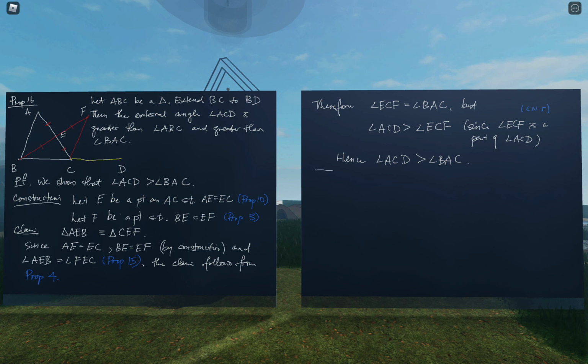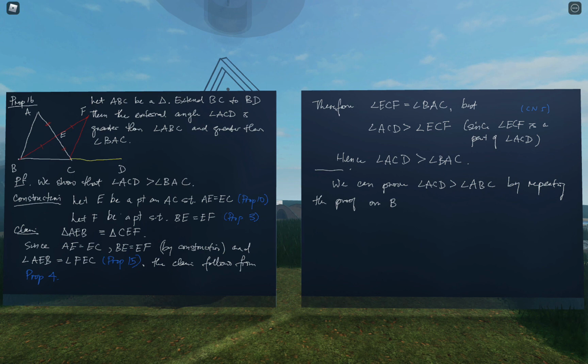And so this is the end of the proof of one of the parts, right? So I'll just note here that we can prove ACD is greater than the other angle ABC by repeating the construction and the argument on the line BC.